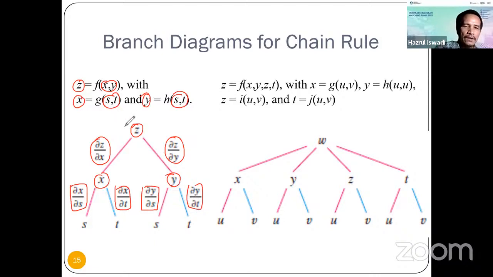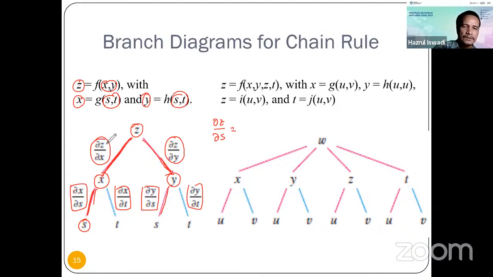So to find the partial derivative of z with respect to s, we have two ways. This is the first way, and this is the second way, and then we add these two ways in this formula.